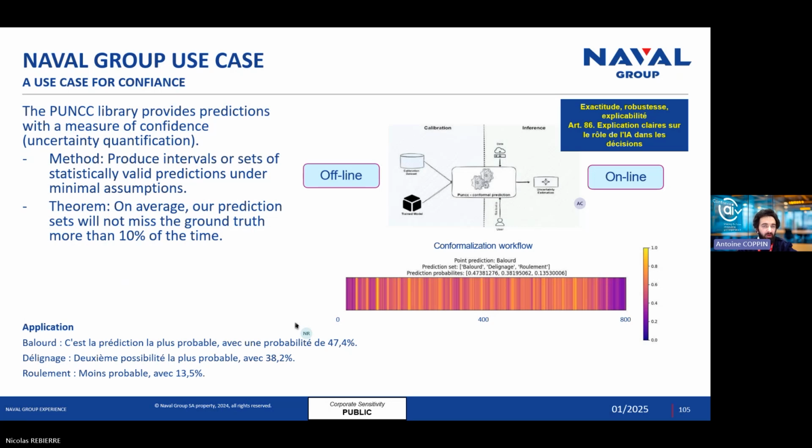I dealt with it with the Punk library that you heard about a few minutes earlier. The Punk library provides predictions with a measure of confidence, with an uncertainty quantification. You have a method which produces intervals or sets of statistically valid predictions with minimal assumptions. The theorem is that on average, our prediction sets will not miss the ground truth more than 10% of the time.